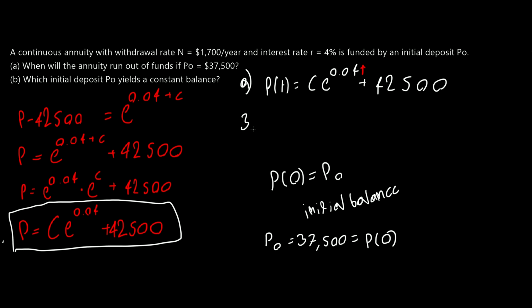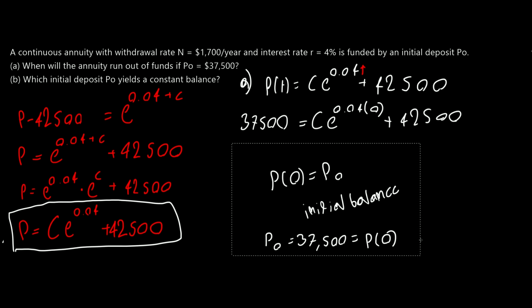And t is 0 because at time 0 we have $37,500 as a balance, and then this will be plus 42,500.